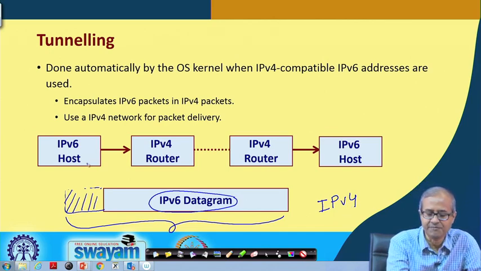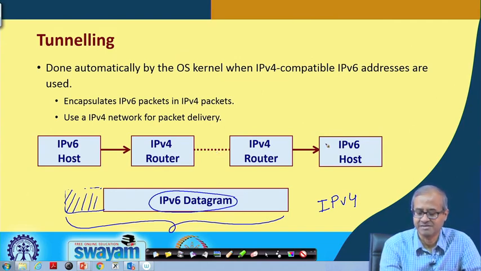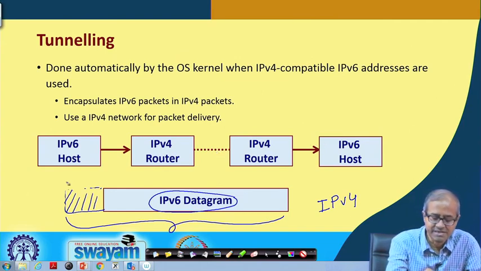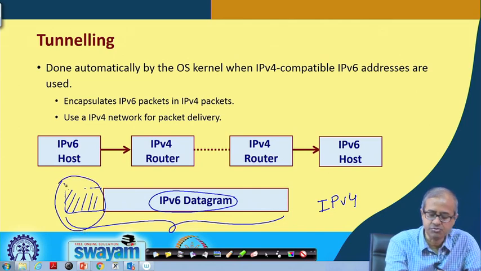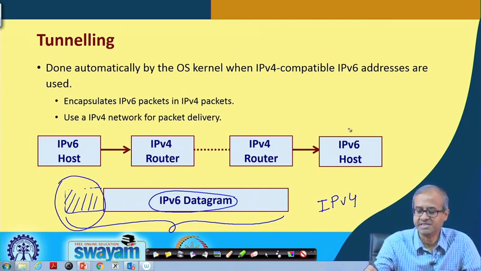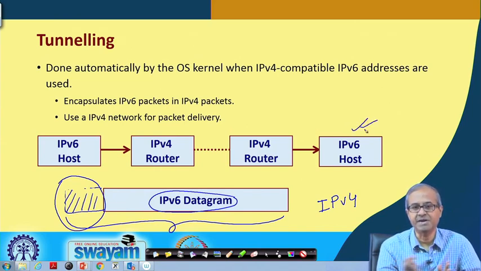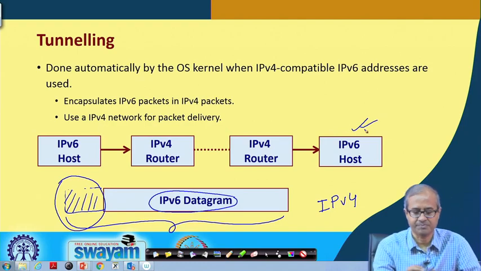This IPv4 packet gets routed through an IPv4 network and it reaches the final destination. Now, at the final destination, the header is stripped off and the IP version 6 datagram is brought out and delivered to the IPv6 host. This is what is meant by tunneling, right.